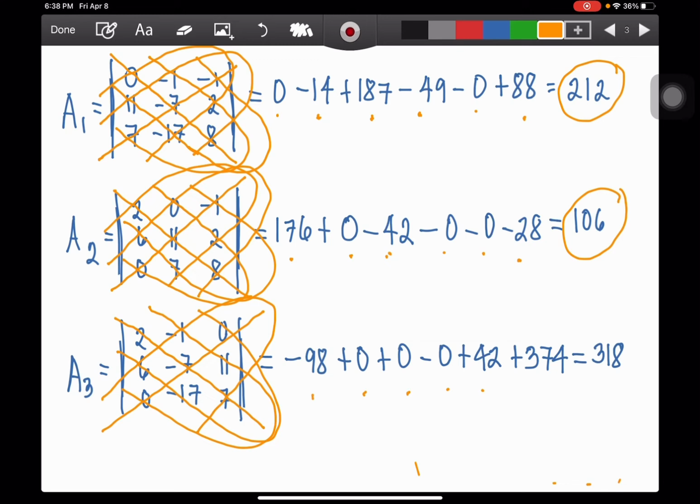Of course, we're going up, so negative times negative, that's positive. I hope you can remember that. 2 times 11 times negative 17 times negative 1 is 374. So the sum is 318, which is now the determinant of matrix A sub 3.